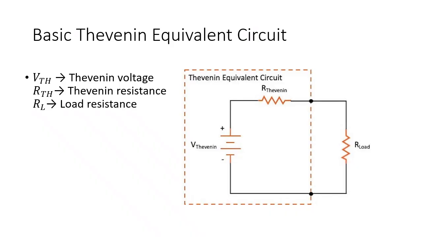In the Thevenin's equivalent circuit, there will be a voltage source and a resistance: the Thevenin's voltage, and the Thevenin's resistance connected in series with it, and a load resistance. So this is what a basic equivalent circuit looks like after calculating the values of RTH and VTH.